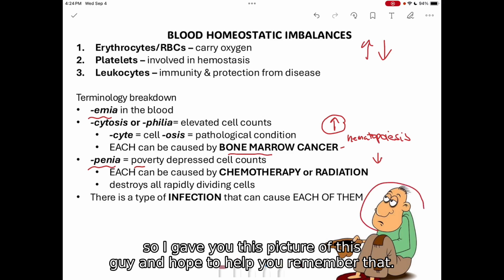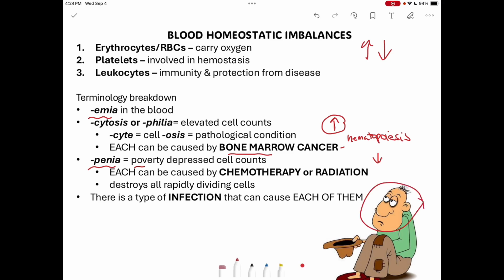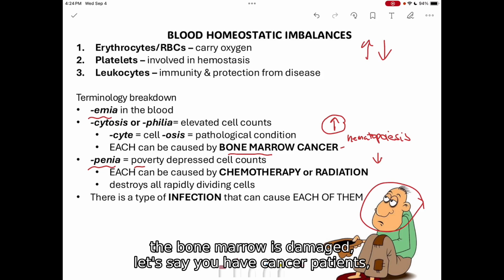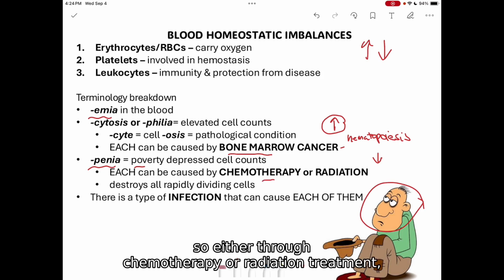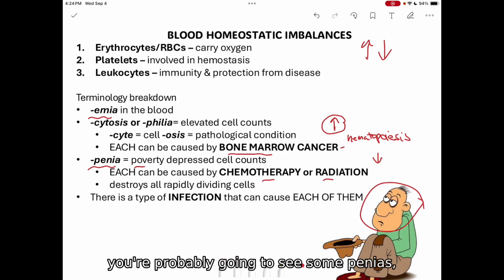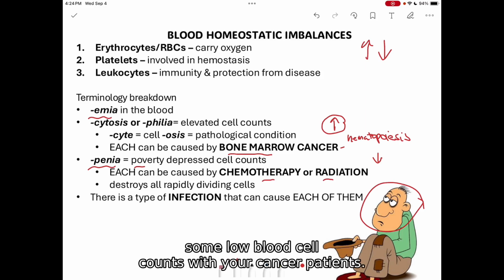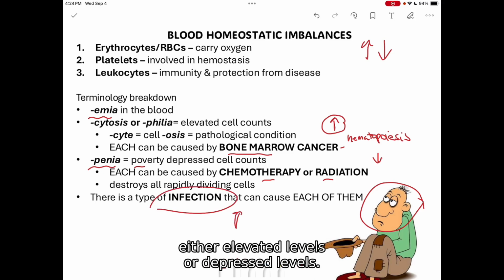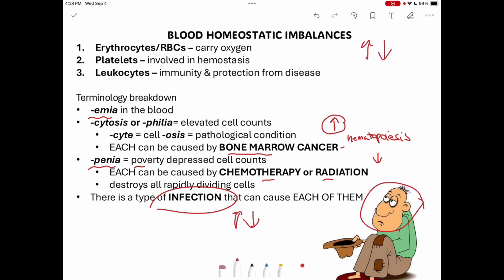So I gave you this picture of this guy to help you remember that. Because the blood cells come from the bone marrow, if the bone marrow is damaged, let's say you have cancer patients, either through chemotherapy or radiation treatment, you're probably going to see some penias, some low blood cell counts with your cancer patients. I do want you to know that there's a type of infection that can cause either elevated levels or depressed levels.